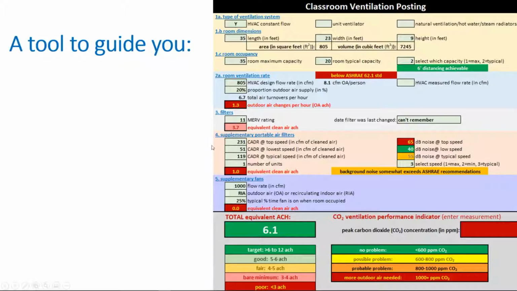The filters, portable air cleaners, supplementary fan, and we take that all together and calculate the total number of equivalent clean air changes per hour. And there's also a spot that if you have a carbon dioxide measurement, you can type it in there. And when you're done, you can print this off and post it on your room so anybody coming into the room will know what kind of ventilation system the room they're entering has.